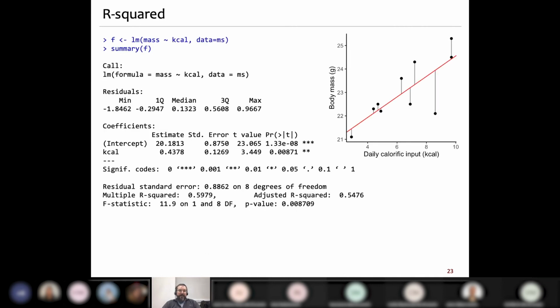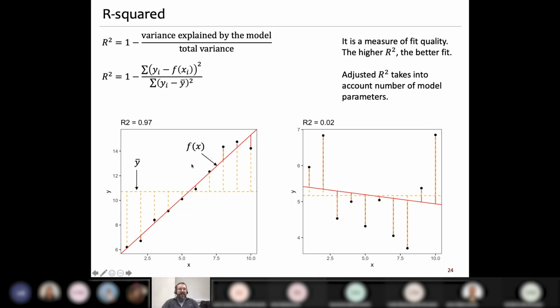I need to briefly explain what R squared means. If you create a linear model and ask for a summary, it gives you lots of things. And among them is R squared or adjusted R squared. What is it? R squared represents the quality of the fit.